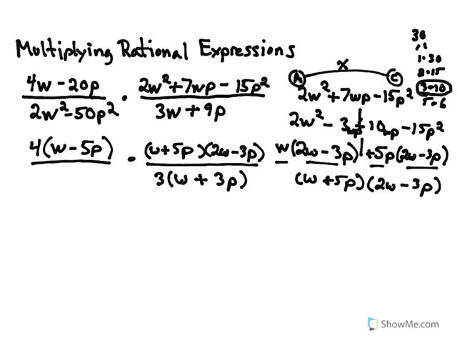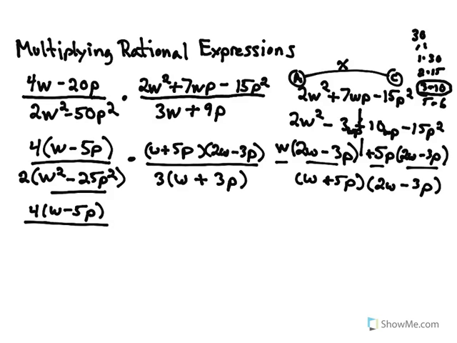And then the bottom, we can take out a 2, and then you're going to be left with w squared minus 25p squared. Okay, so we want to factor out a GCF of 2 because 2 is the largest number that goes into 2 and 50 evenly. And then this needs to be factored again because that's called the difference of two perfect squares. So we have 4.